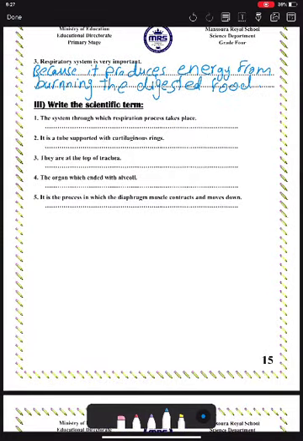Write the scientific term of the system through which the respiration process takes place. Respiratory system. It's a tube supported with cartilaginous rings, trachea. They are at the top of trachea, epiglottis and larynx.